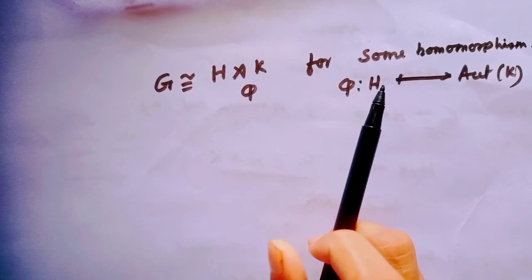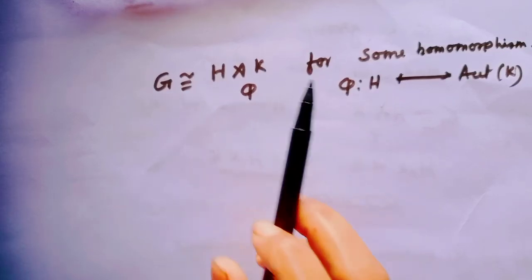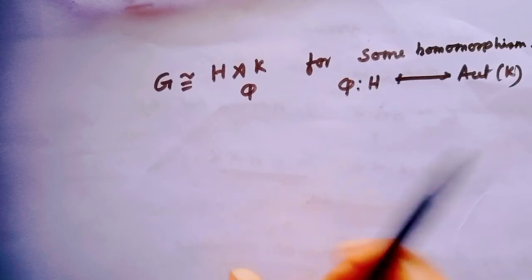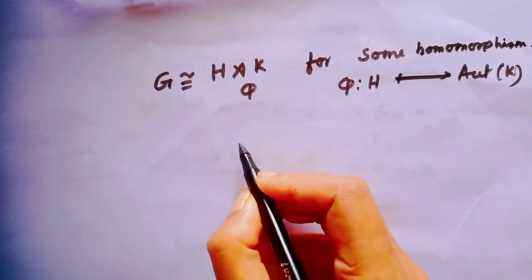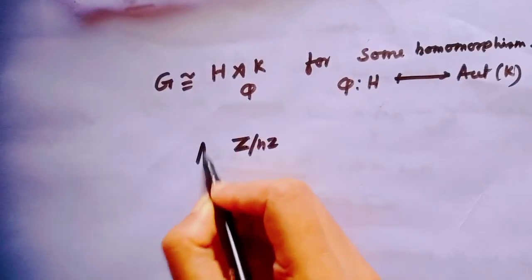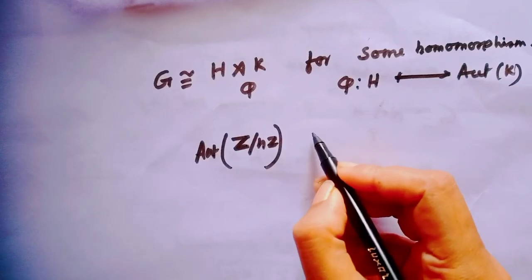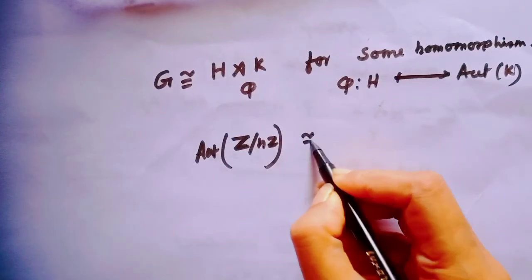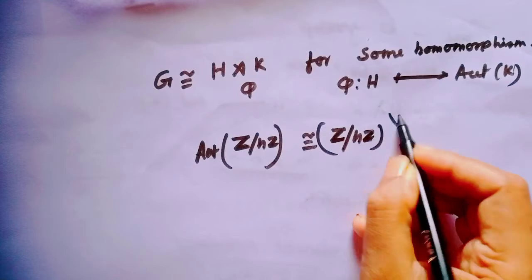That means for a semi-direct product we have to understand the automorphism of a group. Okay? And we all of us know the automorphism of the group Z mod Nz is isomorphic to Z mod Nz star.